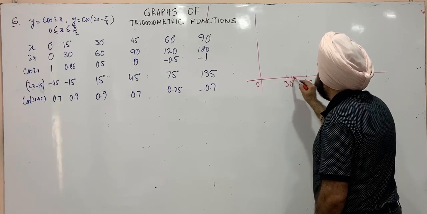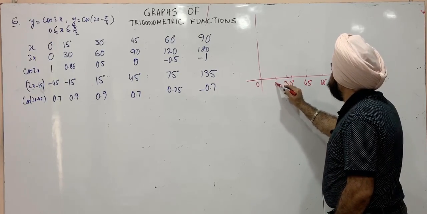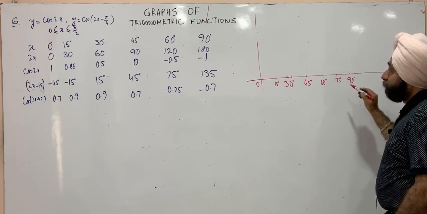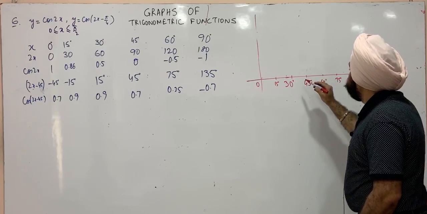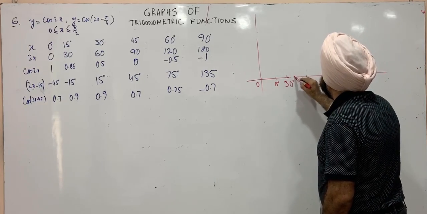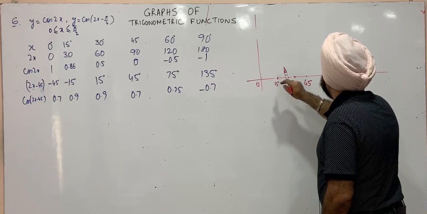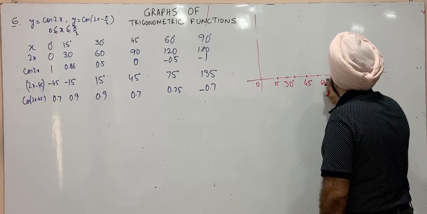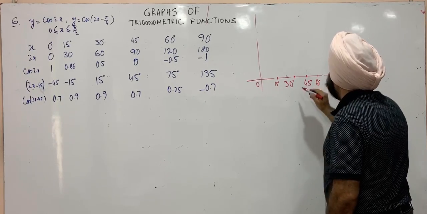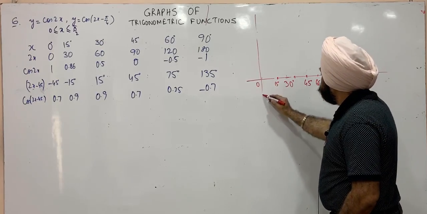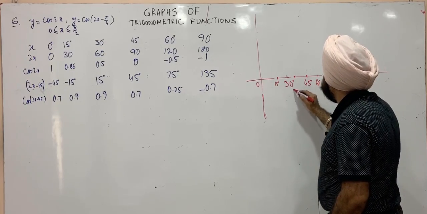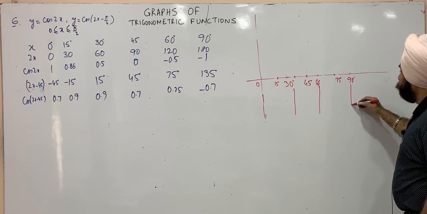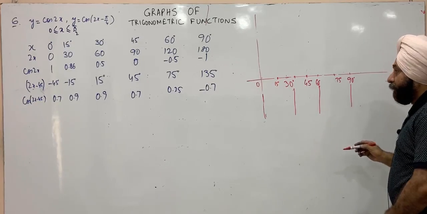So 0 to 30, half of this will be 15 degrees. Midpoint of 60 and 90 is 75 degrees. So you have to see that this distance represents 30 degrees, 30 to 60 is also 30 degrees, 60 to 90 is also 30 degrees. These should be equal.